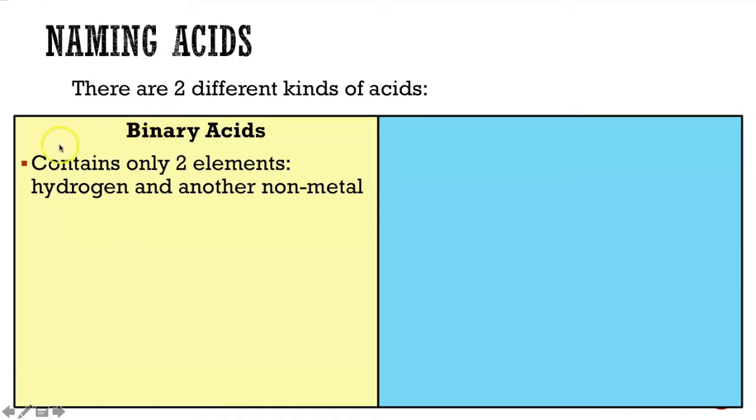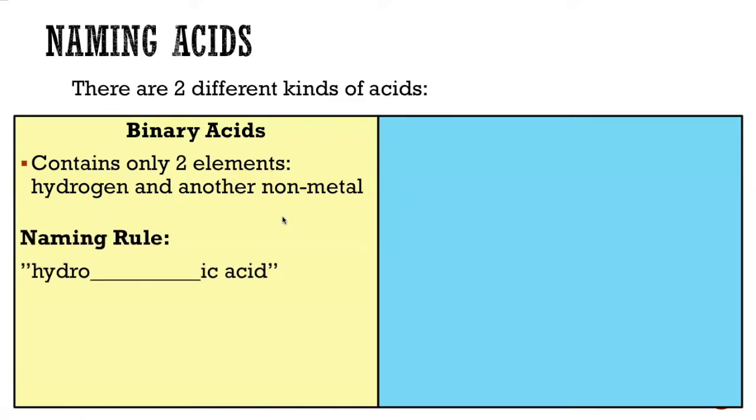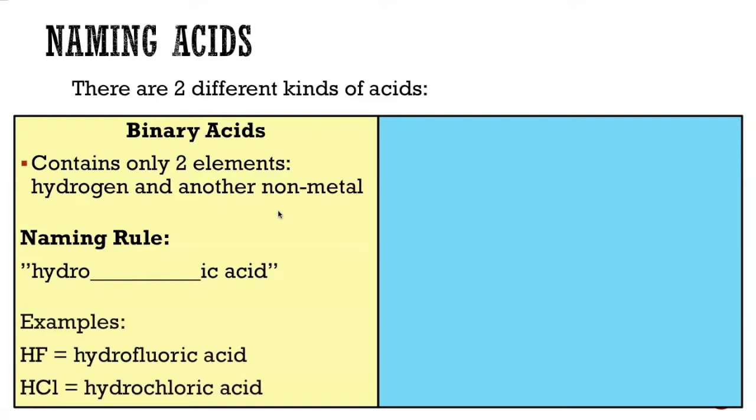So binary acids contain only two elements: hydrogen and another non-metal. The naming rule for binary acids is hydro blank ic acid, where the blank is filled in by the other non-metal in the compound. Let's look at some examples.